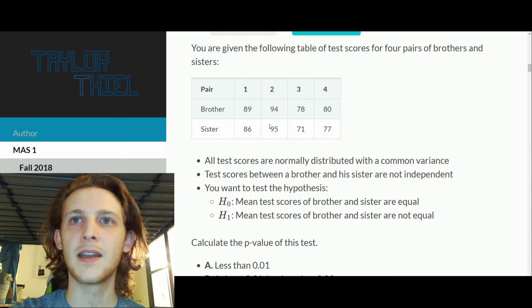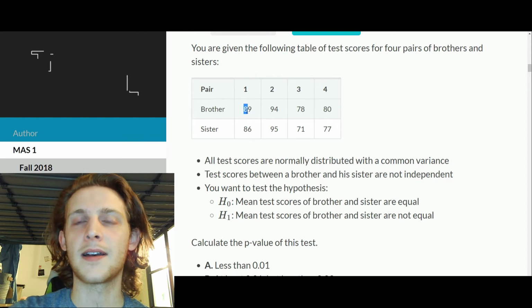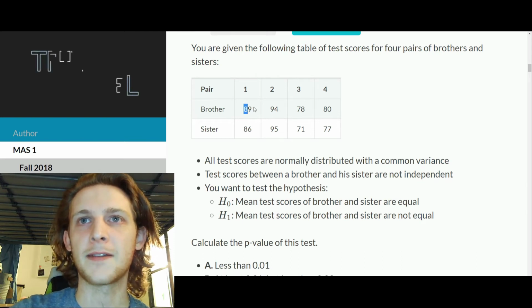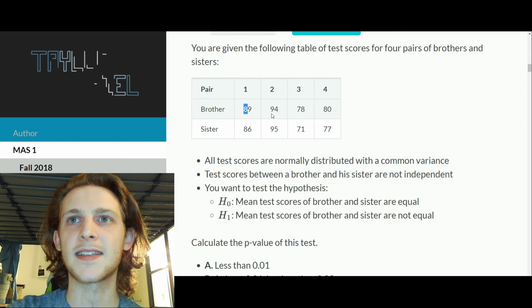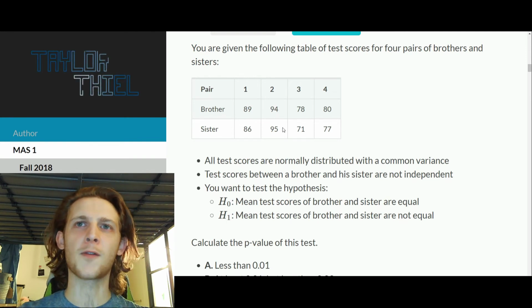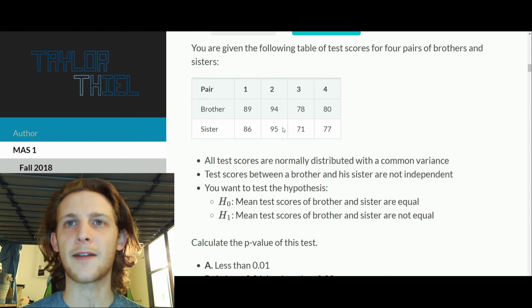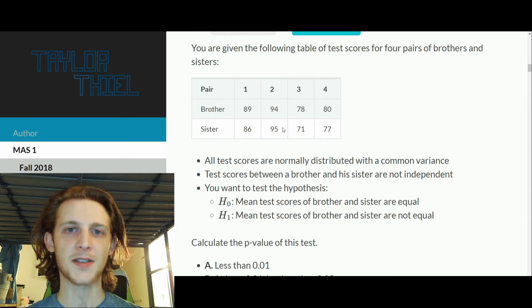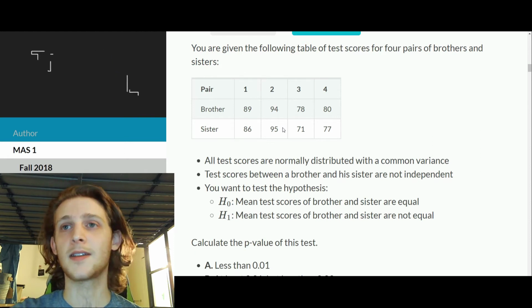So we're saying I care about the difference between this 89 and this 86, and this 94 and this 95. I don't care about the overall average of all brothers and the overall average of all sisters, and want to test whether those two things are different.